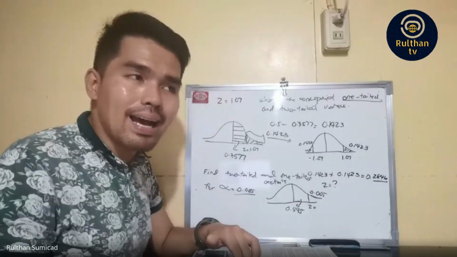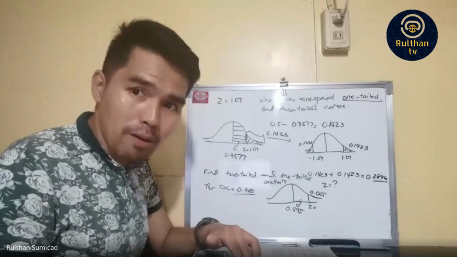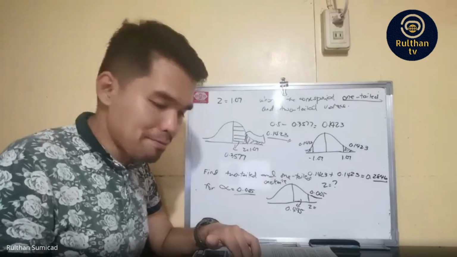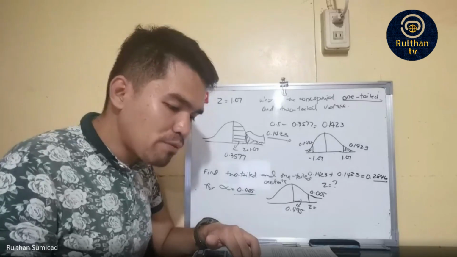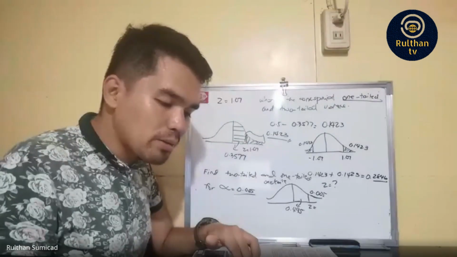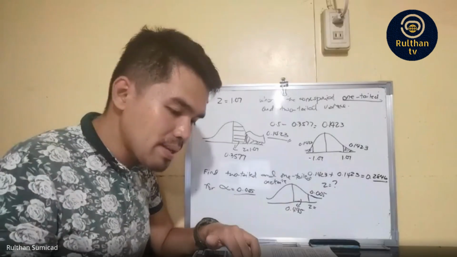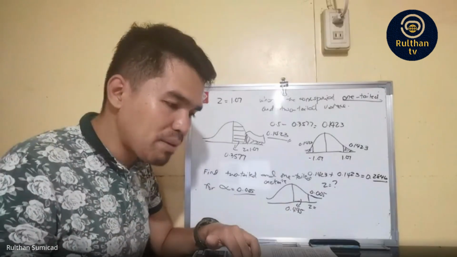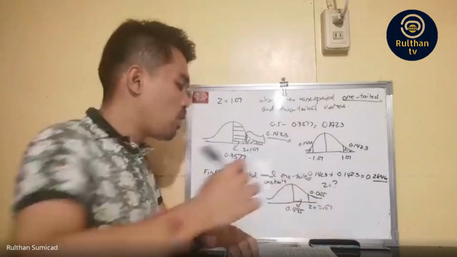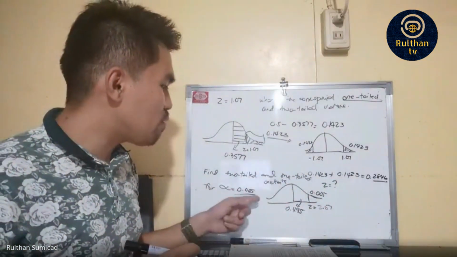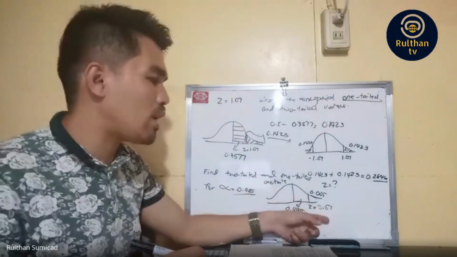Remember, we will get the closest value, but not the one that is before, rather the closest that is after. In our case here, we have 0.4949, and we also have 0.4951. The closest that we're going to consider is 0.4951, which is 2.57. So our z-score is 2.57. If our alpha is 0.005 in a one-tailed test, the z-score equivalent to this alpha is 2.57.